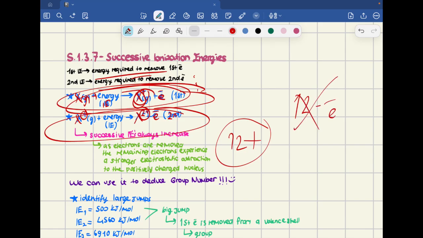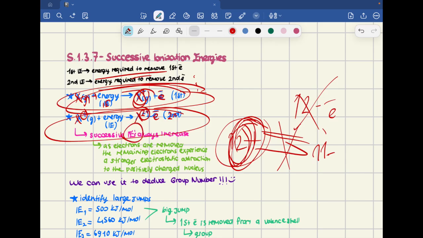But when we remove one, it will now have a minus 11 charge. And now as the magnitude of the nuclear charge will be higher, there will be a greater electrostatic attraction. So in order to overcome this electrostatic attraction, the ionization energy must increase because you require more energy to remove an electron now.